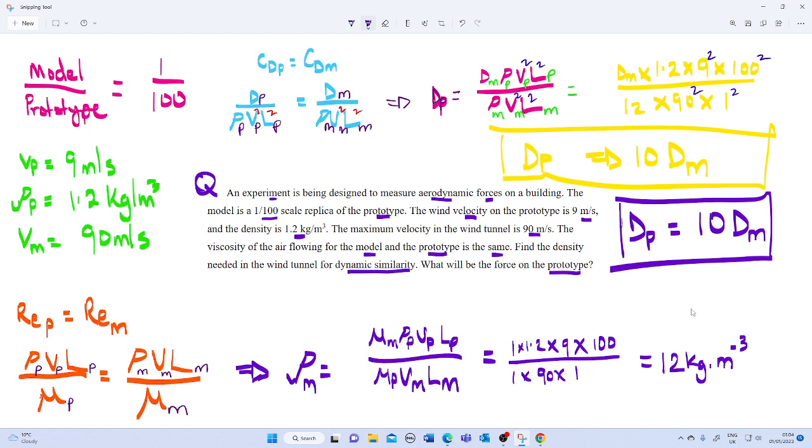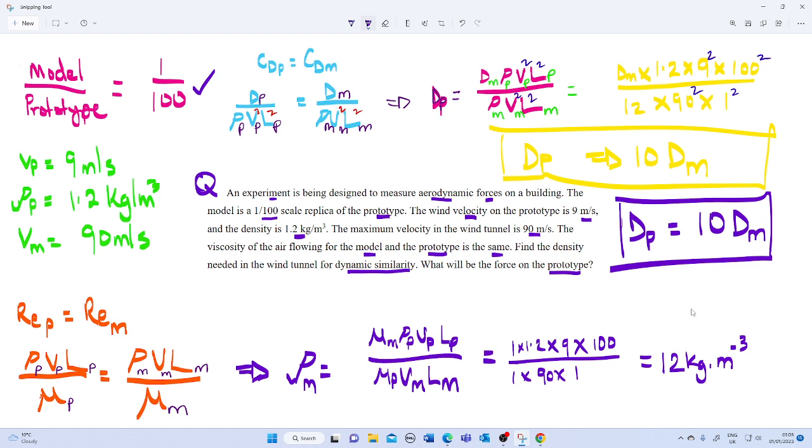But today we are asked to find the density of the model. So first of all, let's pull out all our parameters. We're told that the scale of the replica of the model to the prototype is 1 to 100.